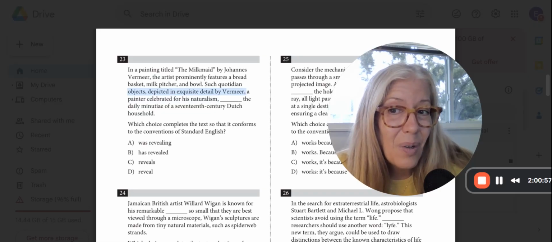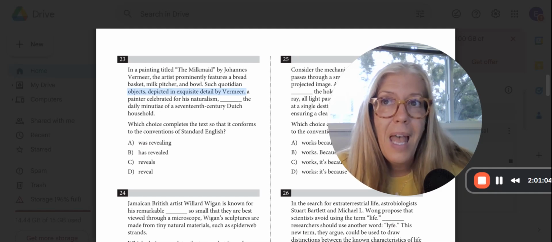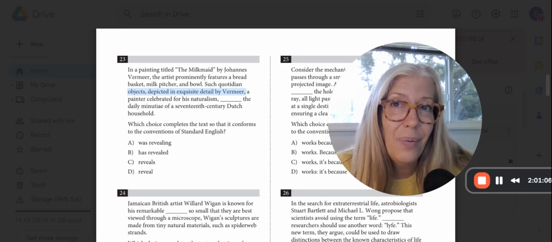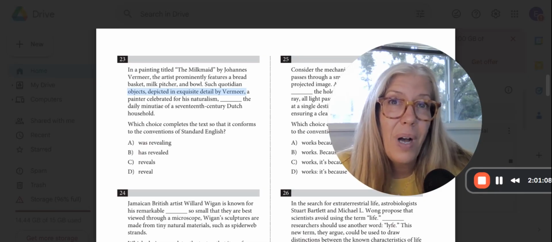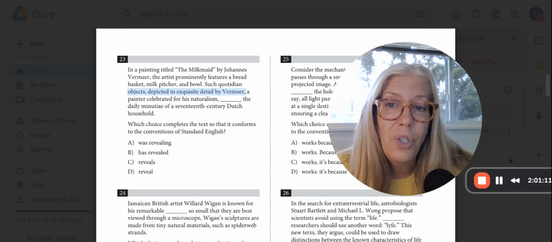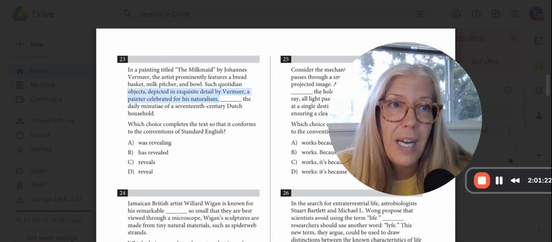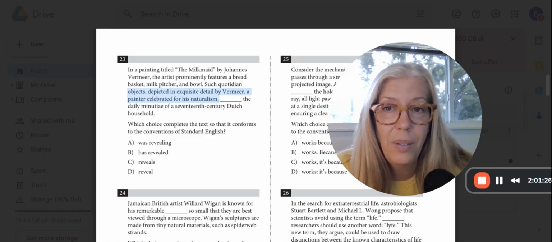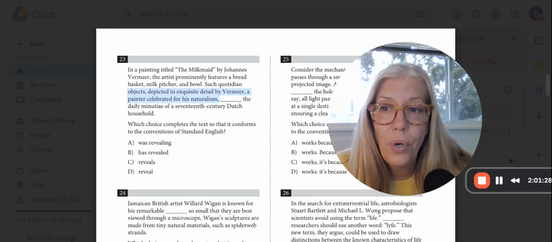That's yapping about the objects. And since that's yapping about the objects, I don't really want that either. So I kind of only want to keep such common objects. I want to get rid of all of this between the commas: depicted in exquisite detail by Vermeer, a painter celebrated for his naturalism. If I can get rid of all of that, then I can completely understand that my subject is objects, plural.